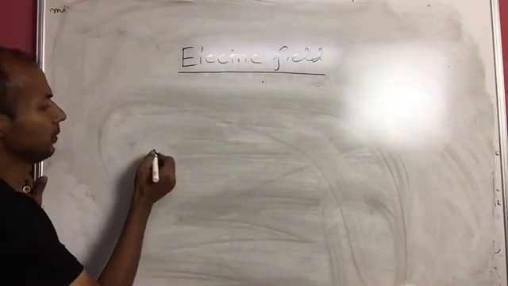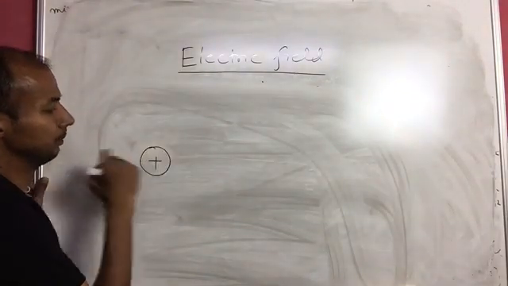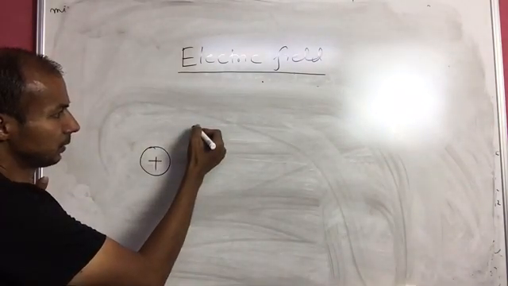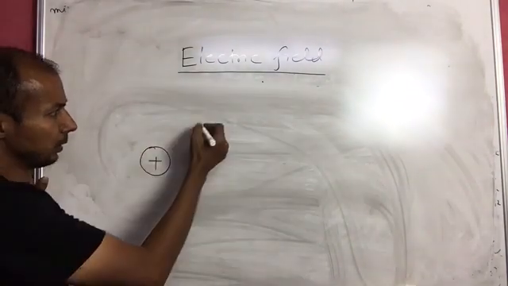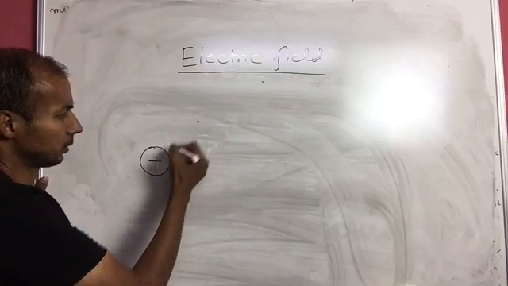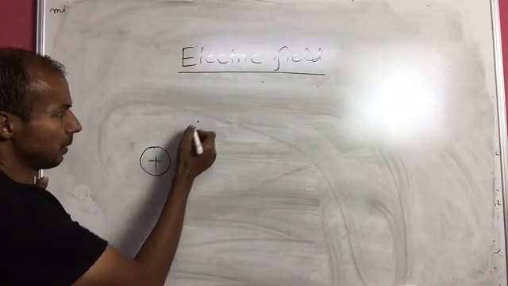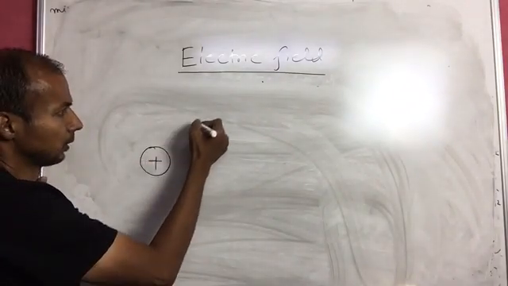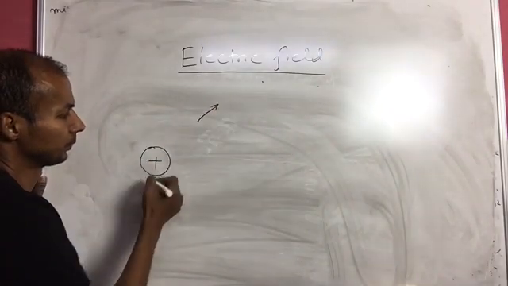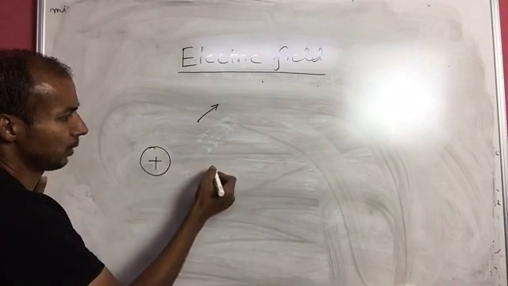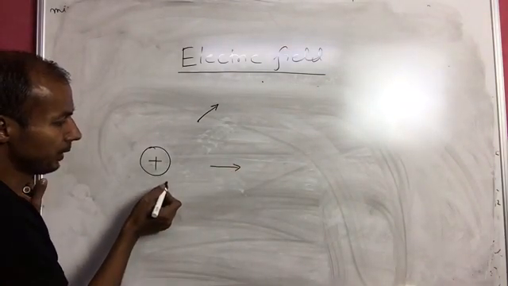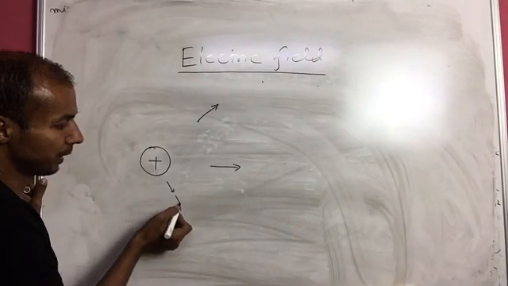Okay. So if you take a positive charge, now if I put a positive charge near it, right now we are taking only direction. If you take a positive charge here, the force that this will apply on this, correct, will be along this. The force that this will apply on this will be this. So at this point the force will be like this, at this point like this.